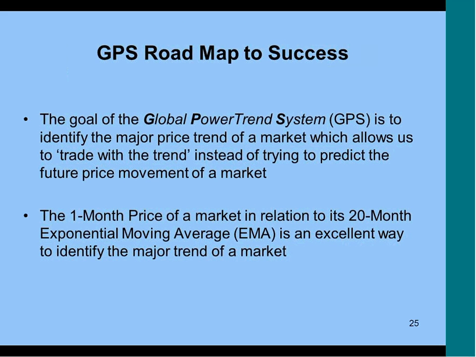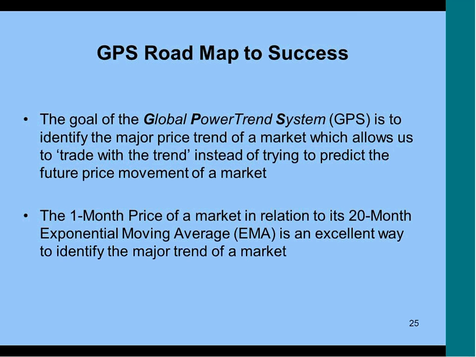So again, GPS allows us to trade with the trend instead of trying to predict the future price movement of a sector or index. And the GPS uses the 1-month price of an ETF in relation to its 20-month exponential moving average.